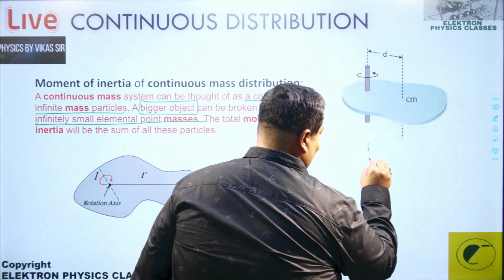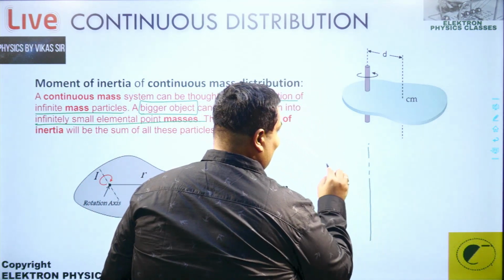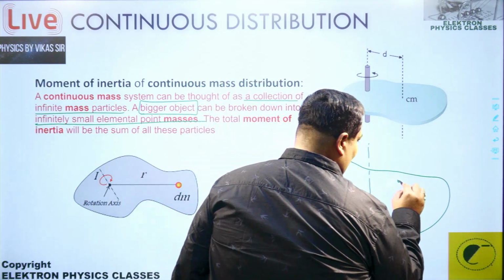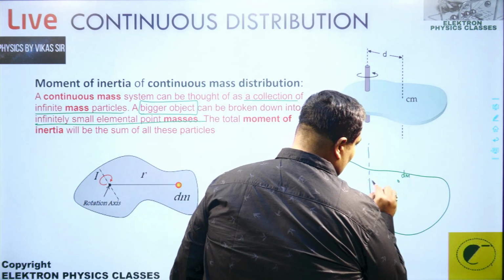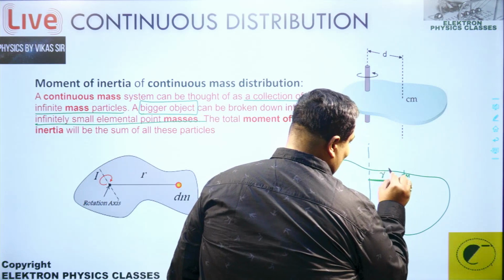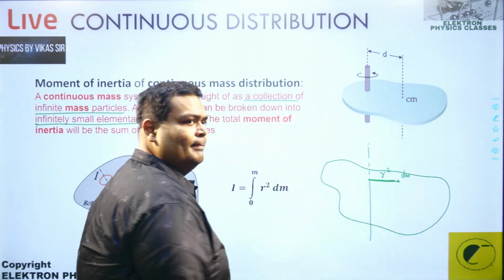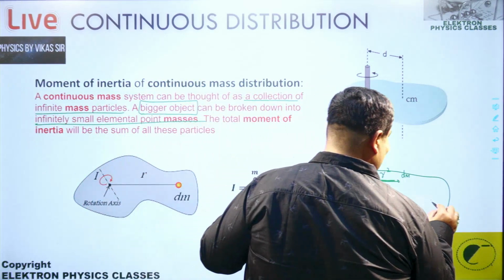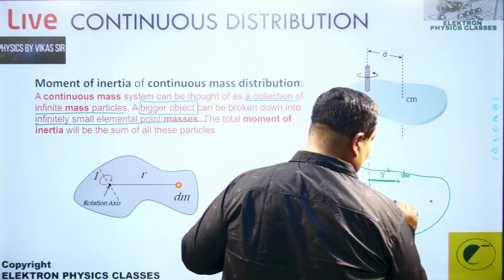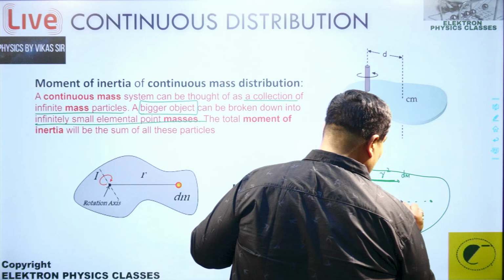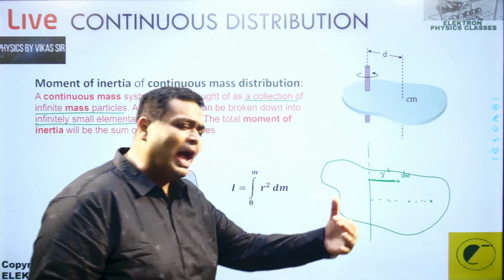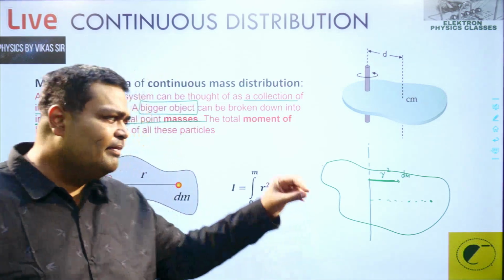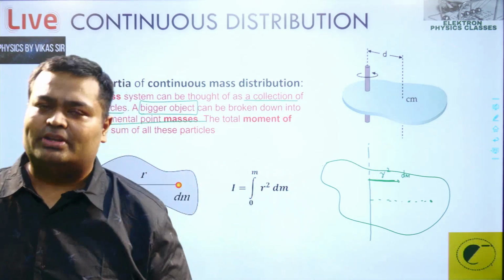So this is supposed to be an axis, and this is our rigid body, and this is one of the particles dm at this particular distance r, and there are many more whose distances are going to vary, and we are going to add up the little moment of inertia of every particle. Every small particle has a little moment of inertia.